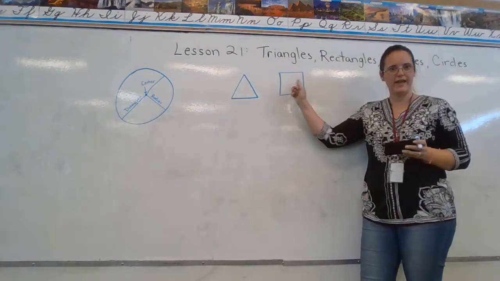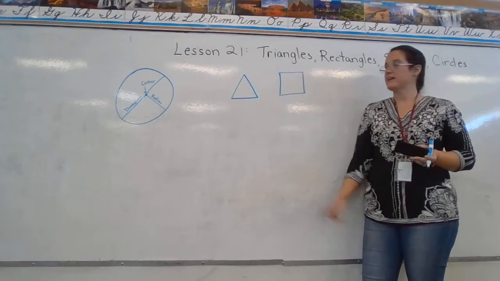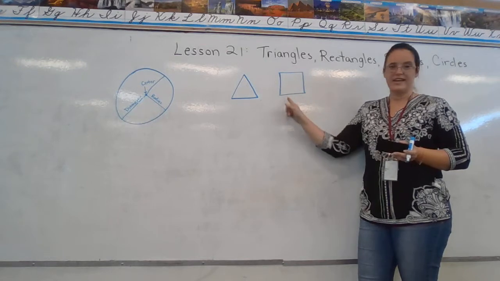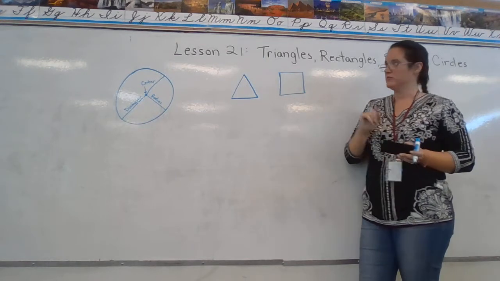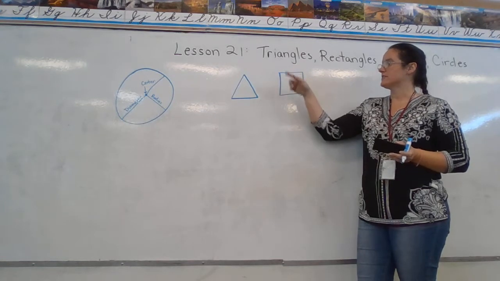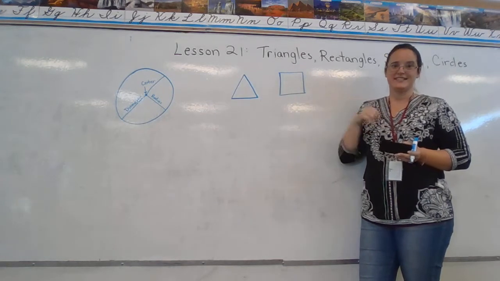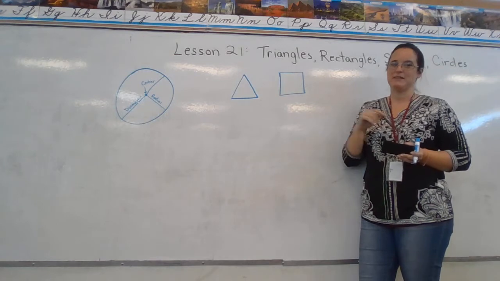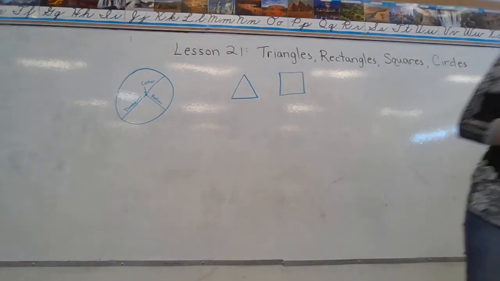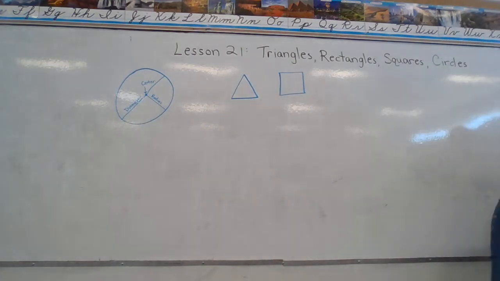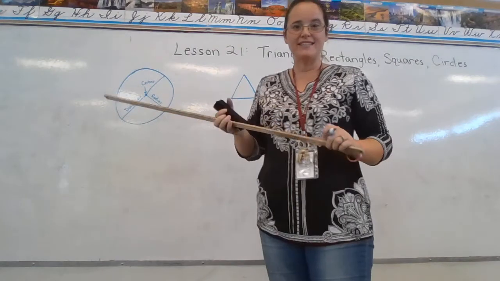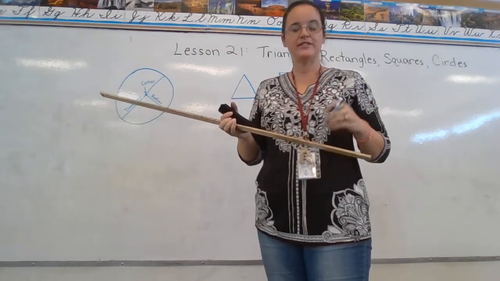Anytime you see a square, it's also a rectangle because it's a 4-sided shape. It has right angles, which we're going to learn about in a future lesson. So right angles, 4 sides, and in this case, the sides are all the same length, so that makes it a square.